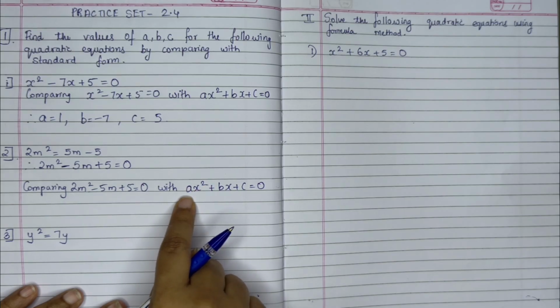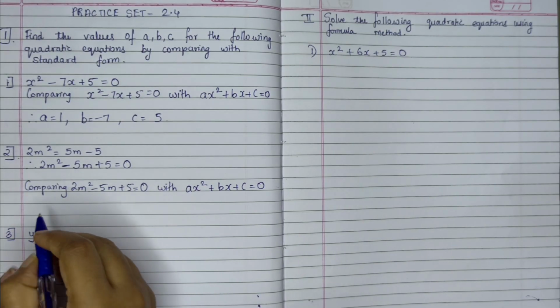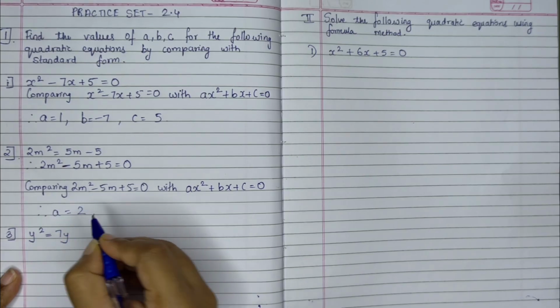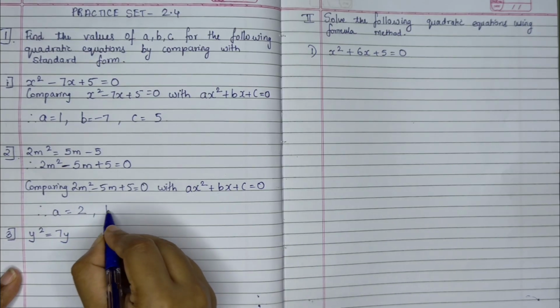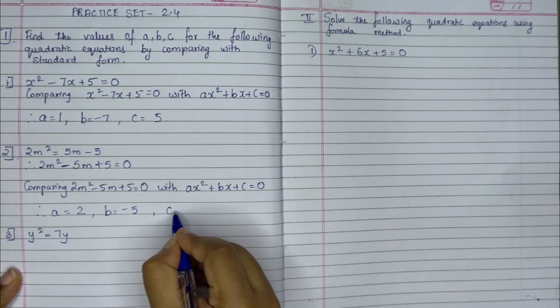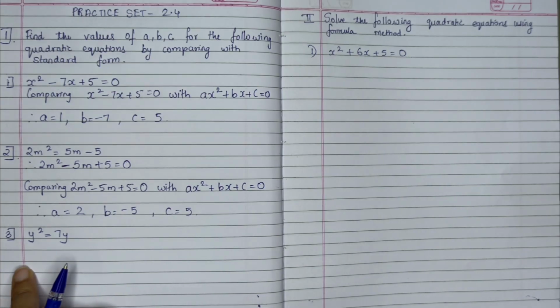So what is the coefficient? a is your 2. Therefore a is equal to 2, b is equal to minus 5 and c is equal to 5. Understood the second?